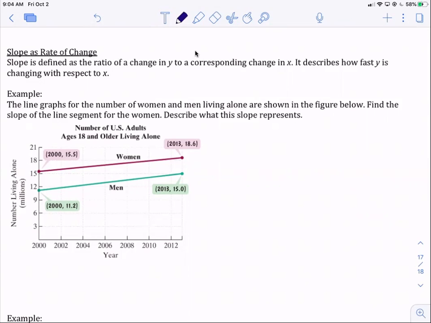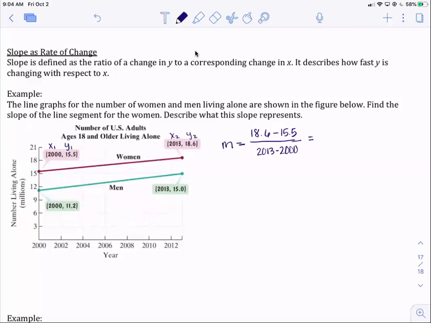So we have our 2 points that are given to us in the problem, and we're simply just going to find our slope. So our slope, remember, is y2 minus y1, so 18.6 minus 15.5 over 2013 minus 2000.